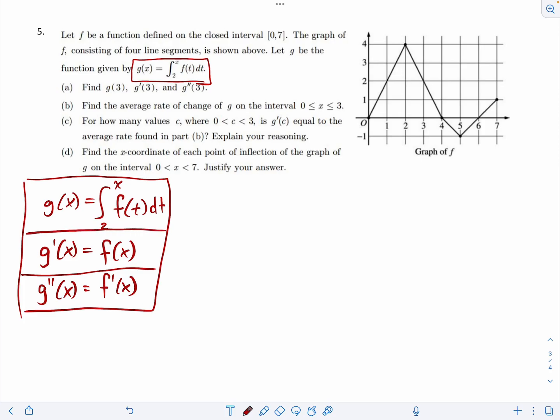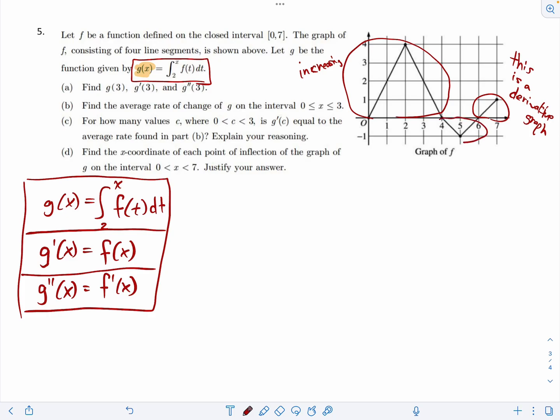So we're looking at this G function, which is an integral. The graph of f, we're looking at a derivative graph. Just to remind myself, places where the function is positive, G is increasing because its derivative is greater than 0.